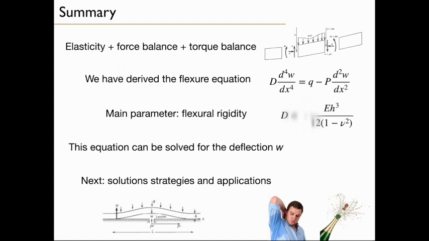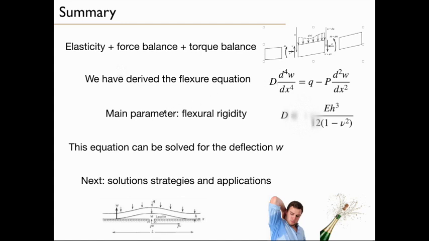So, as a summary, we've combined elasticity, force balance, and torque balance together to derive the flexure equation. This equation relates important quantities that will modulate the shape and the magnitude of deflections.